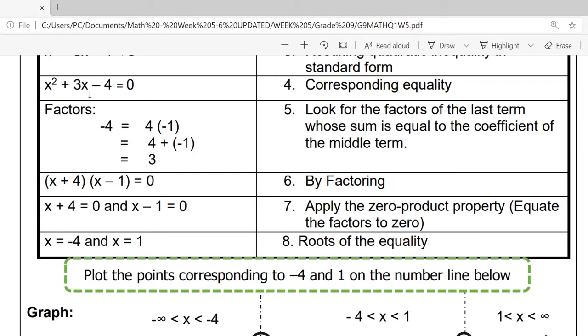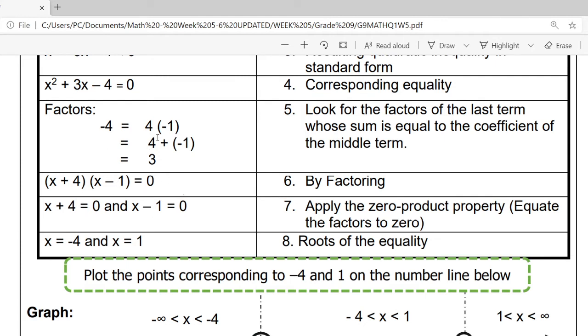That is the middle term. If you add these two factors of 4, then the answer is not 3. Therefore, the factors are not correct. So the sum of the factors must be equal to the coefficient of the middle term.